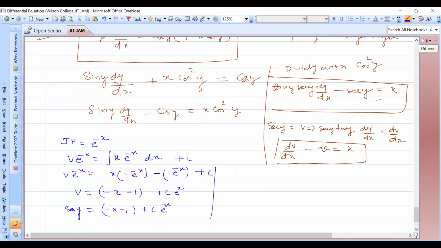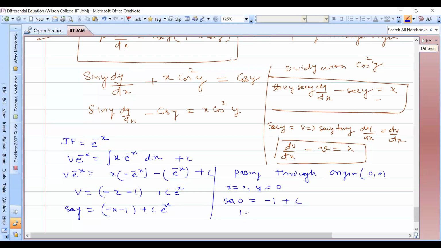Again, another thing, passing through origin. Passing through origin means 0, 0, meaning when x equals 0, y equals 0. So what we can see? This is sec 0 equals minus 1 plus c.